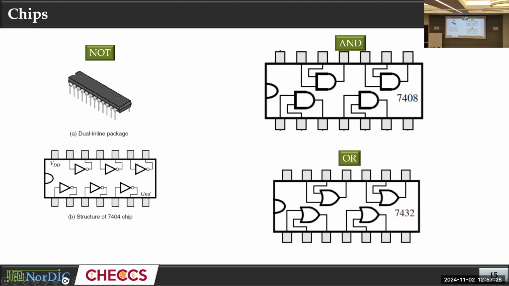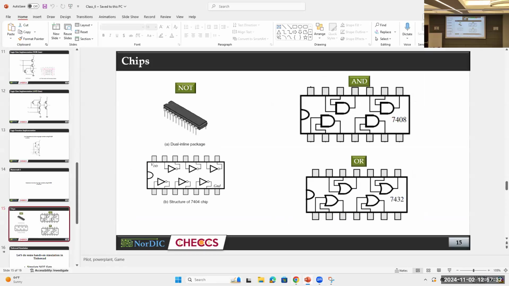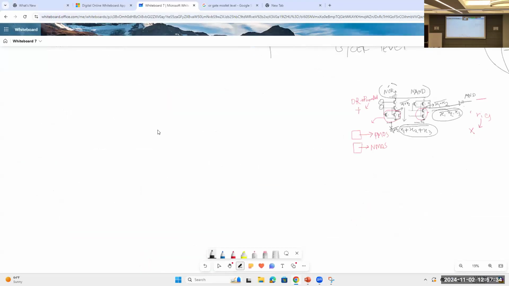So there are two lines. Let me just draw something. The chip, the NOT gate chip, looks like this, or whatever number of pins.